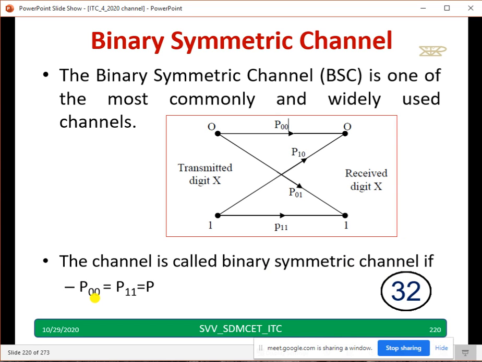Or when I transmit a 0, I may receive 1, and even when I transmit a 1, I may receive 0. So this is a binary channel, and symmetric if P00 equals P11. Let me go to the next slide.